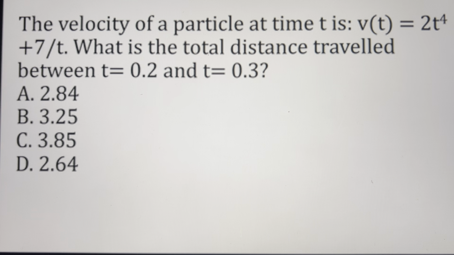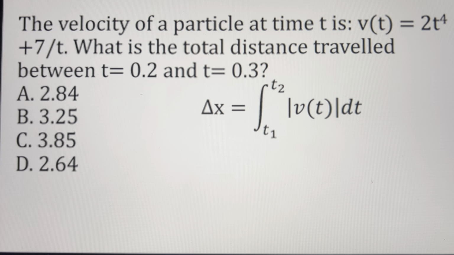The velocity of a particle at time t is v of t is equal to 2t to the 4th plus 7 over t. What is the total distance traveled between t equals 0.2 and t equals 0.3? So distance is the integral of the absolute value of v of t.